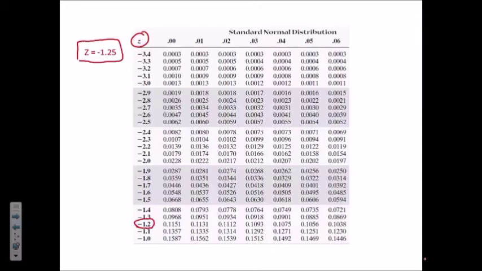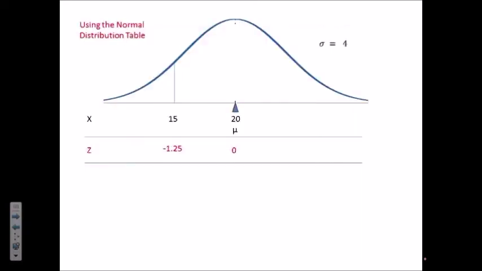Then across the top, for the next digit, 5. Where this row meets this column, that's the area below the z-score, 0.1056. So this area is 0.1056.